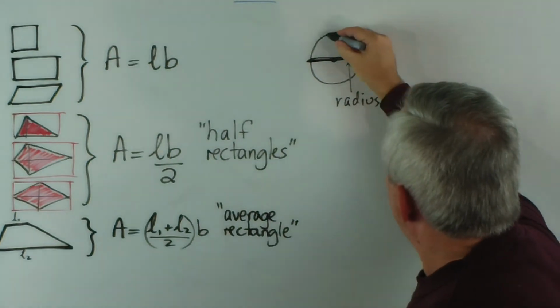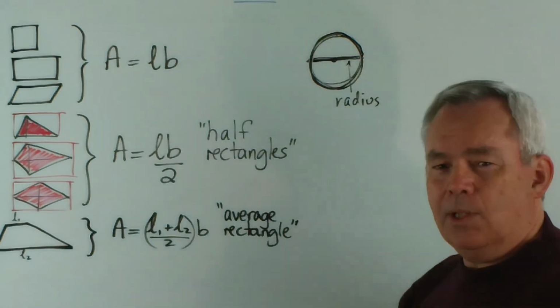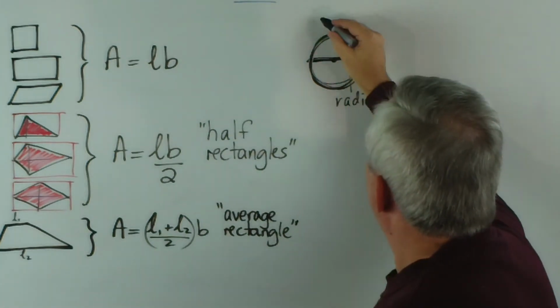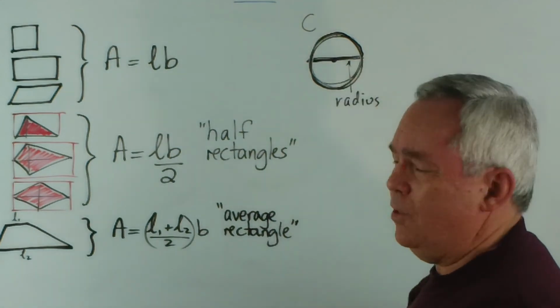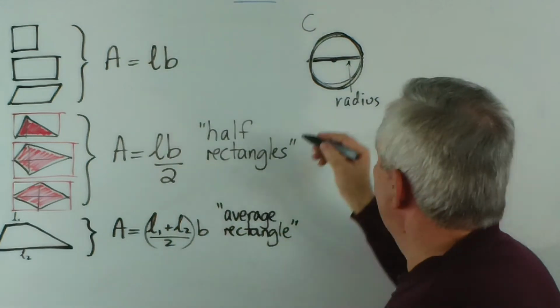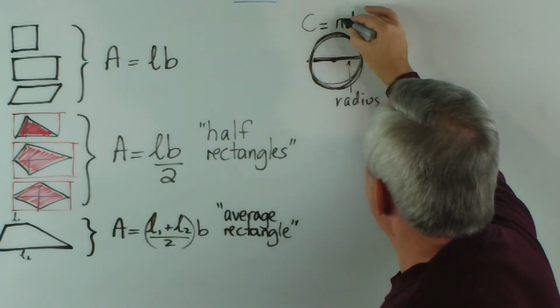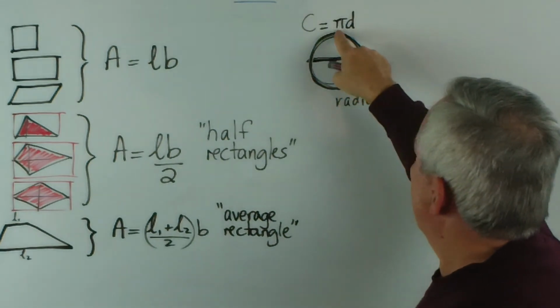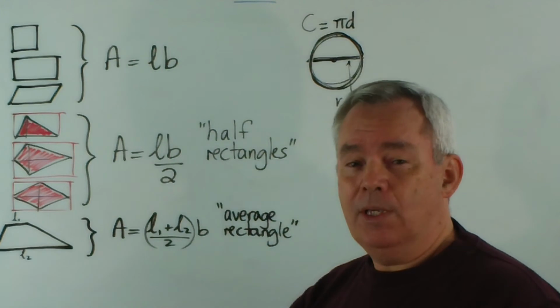The distance around the outside of a circle is called its circumference. And how do we work out the length of the circumference of a circle? Well, by definition, and this is for another video, the circumference of a circle is pi times the diameter. Pi is just, don't think of it as a weird number, it's just a number around 3.